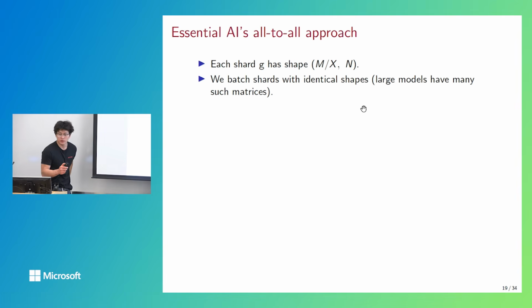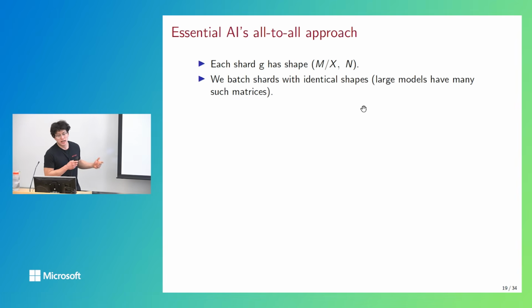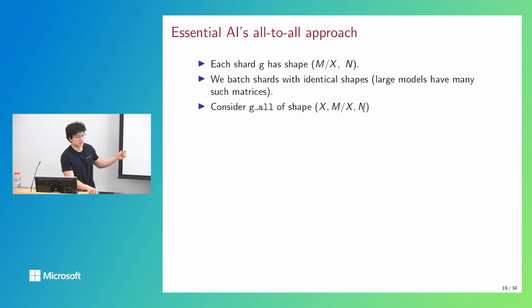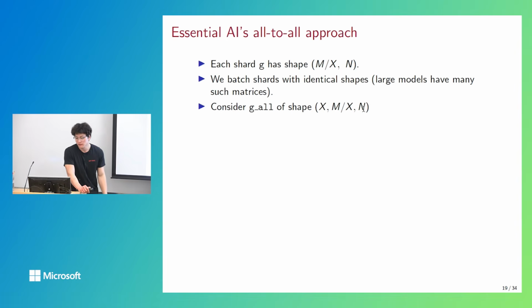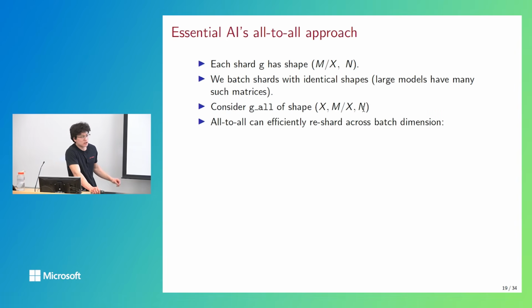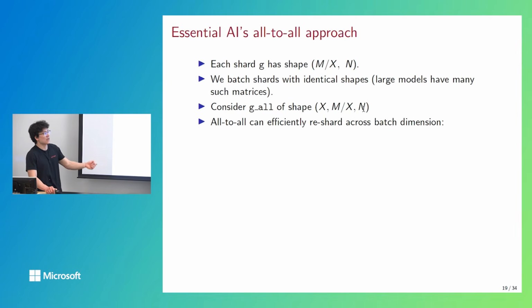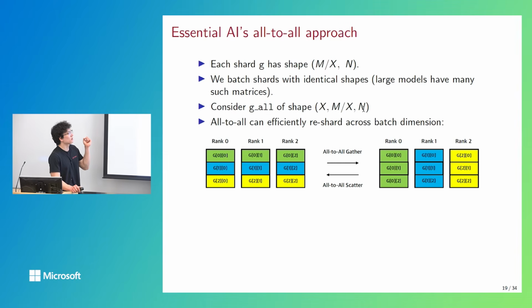And what you can do is batch x such identical shapes to come up with this batched version, x comma m over x comma n. And then use all-to-all collectives to efficiently reshard across the batch dimension and gather them back together.